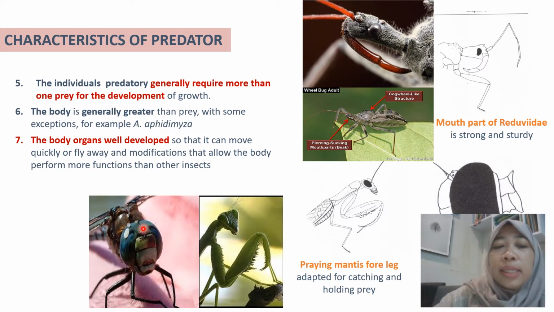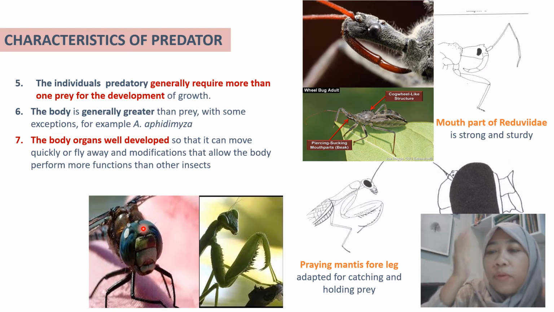The eyes are really big, from the front to the back, yeah. Most of the body is eyes, so it makes this dragonfly hard to catch, and they easily monitor the prey.